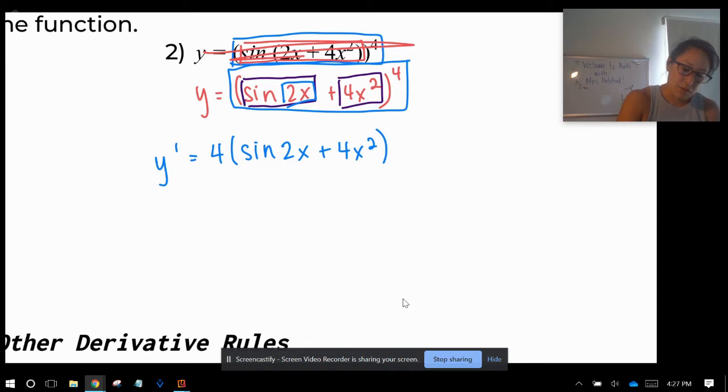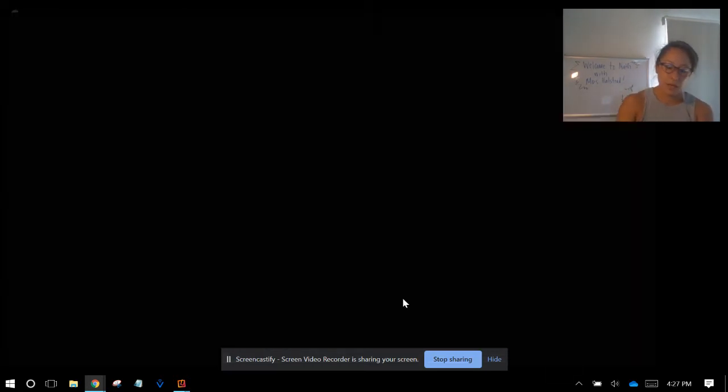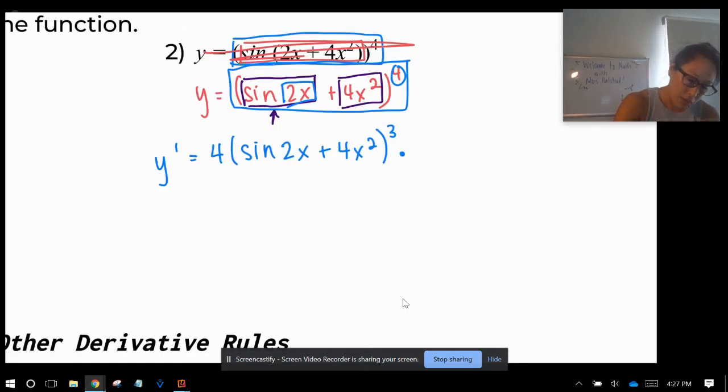And then I reduce my power to a 3. Now I'm going to take the derivative of the two purple pieces. The derivative of sine 2x would be cosine of 2x, but don't forget to take the derivative of the inside, times 2. Now we're going to take the derivative of 4x squared, which is 8x.